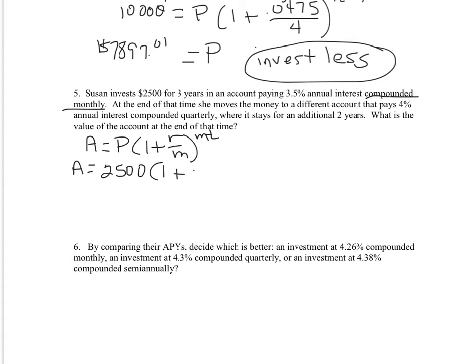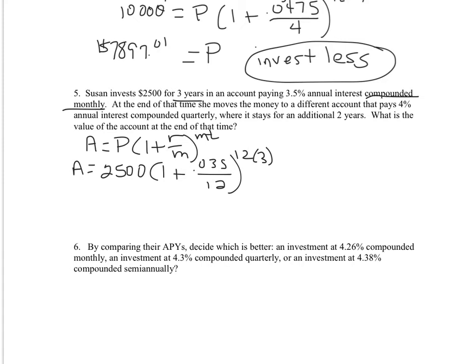So my rate is 0.035. Compounded monthly means that's divided by 12, raised to the M is 12 times, I'm going to leave it there for 3 years. So my T is 3. Now make sure you understand where all these values came from.